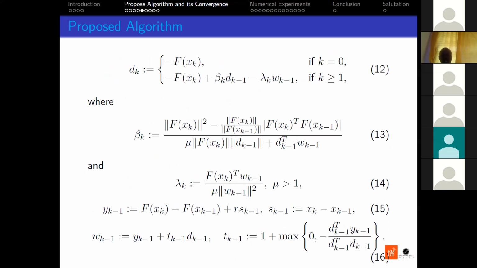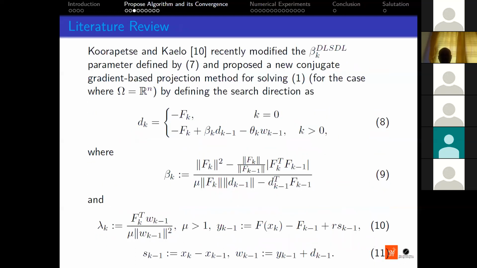And then we define lambda k the same way Kropetse and Kylo define their lambda k. Yk we define the same way, but our wk differs from that of Kropetse and Kylo. Our wk is yk minus 1 plus tk minus 1 dk minus 1, where tk minus 1 is given as 1 plus the max of these two parameters. Now, if you go back, you'll see that wk given by Kropetse and Kylo is just yk minus 1 plus dk minus 1.